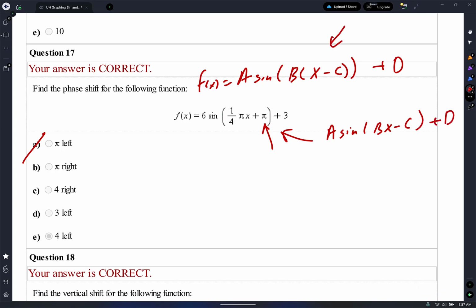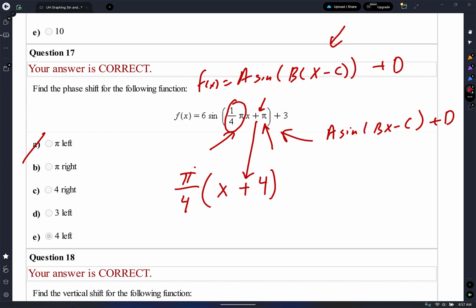So what I got to do, I got to factor out pi over 4. Here, I'm just looking at the inside, guys, because that's what determines my shift. I'm factoring out a pi over 4. So then this will be x plus, because that plus symbol is that plus symbol. And it just says pi, so the only way to cancel that, since there's not a number in front of it, is to put a 4 there.